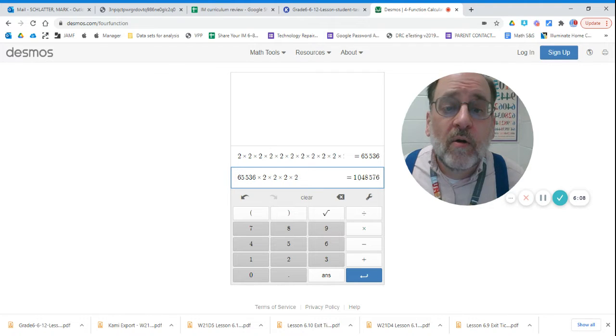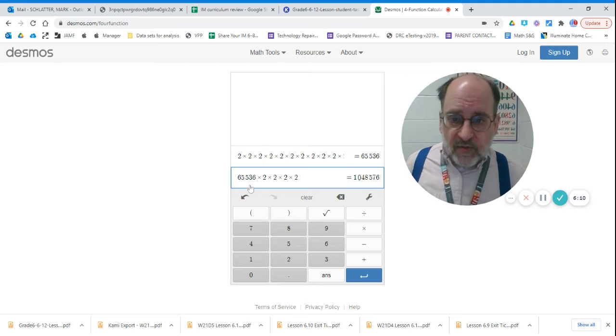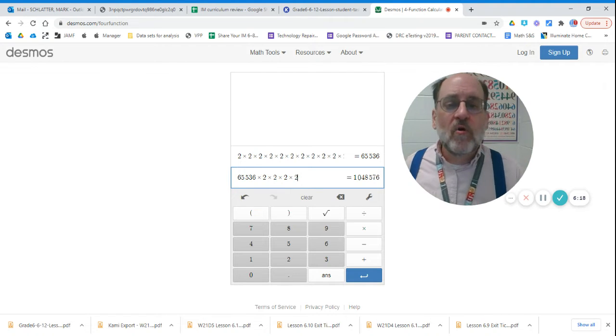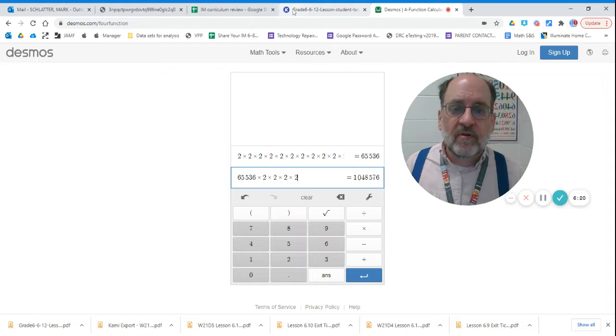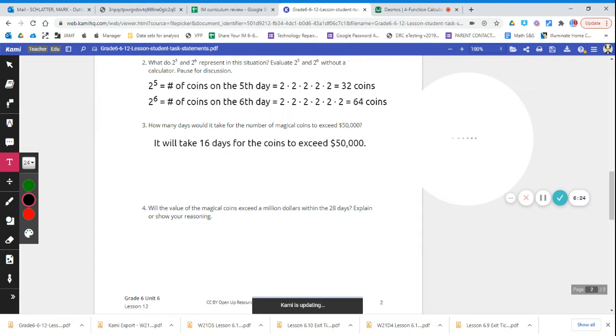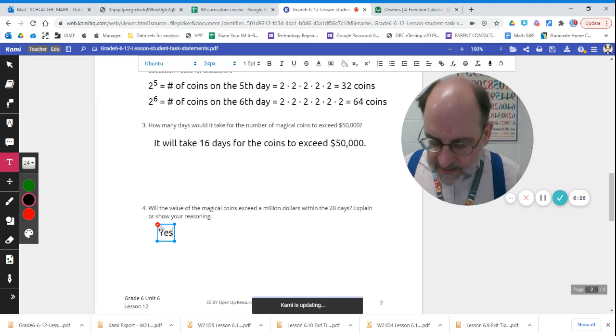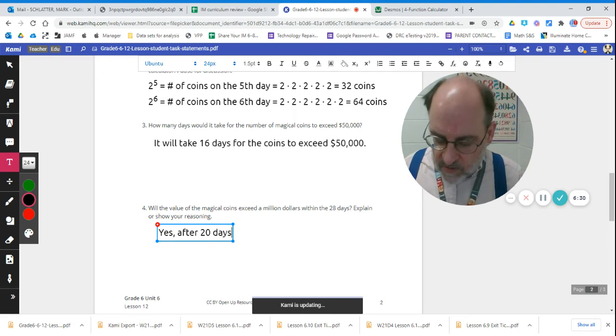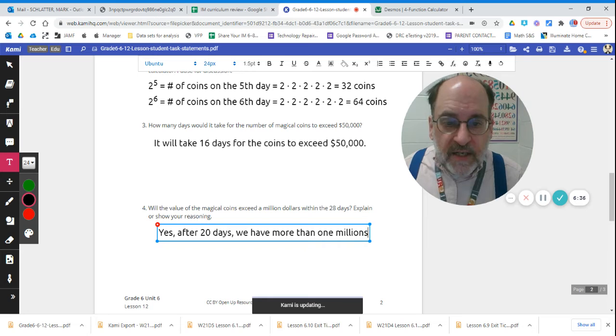Whoa. So let me keep track here. This was 16 days. That was 17, 18, 19, 20. After 20 days, we are more than $1 million. So we've got an answer here. Yes. After 20 days, we have more than $1 million.